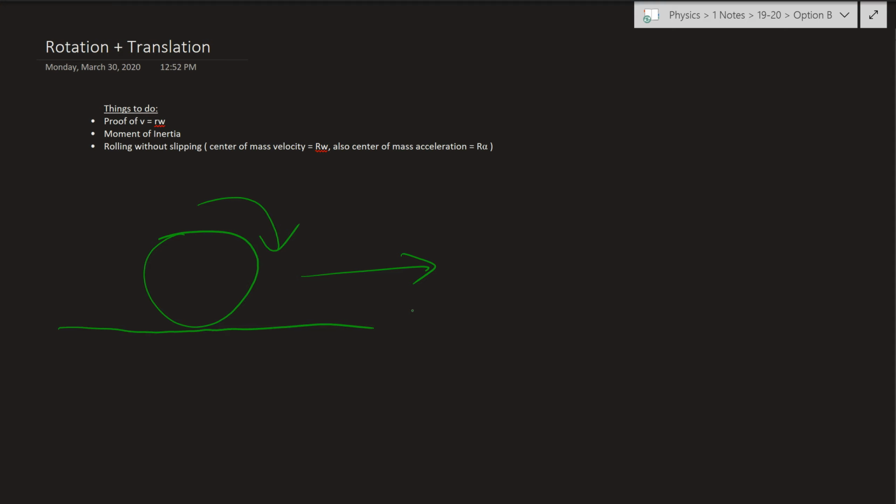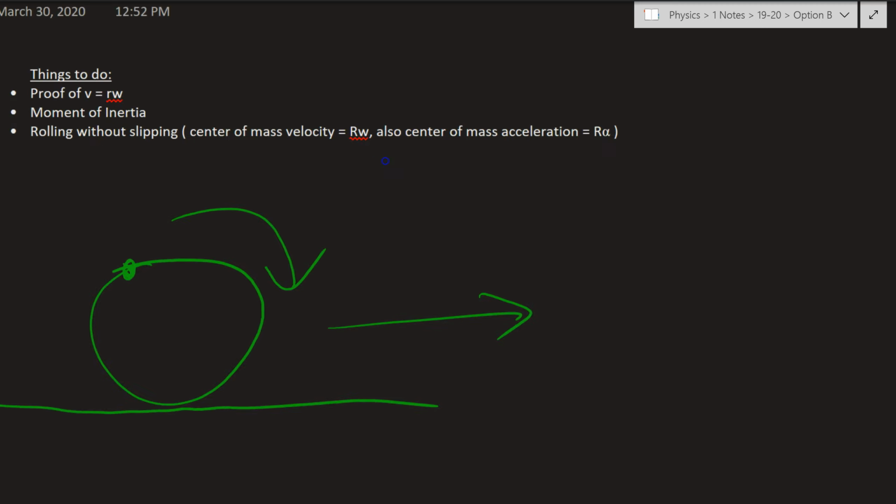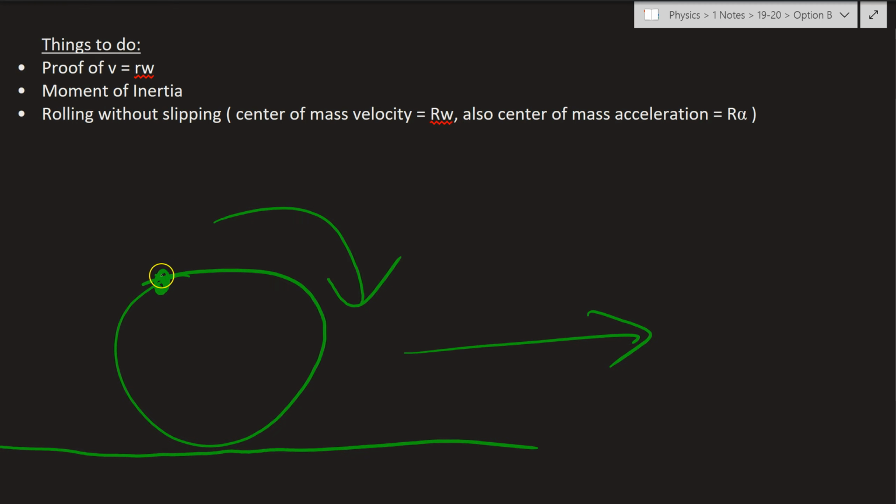If you pick a point on that object, like right here, that point has a velocity due to the rotation, and it also has a velocity due to the wheel moving forwards. And that point's net velocity is the sum of those two velocity vectors. So due to rotation, its velocity vector might look something like that.